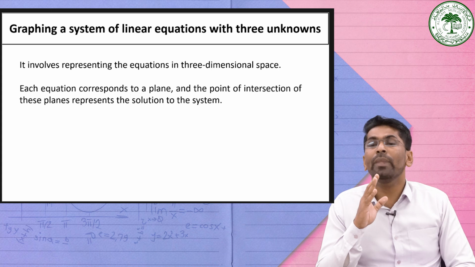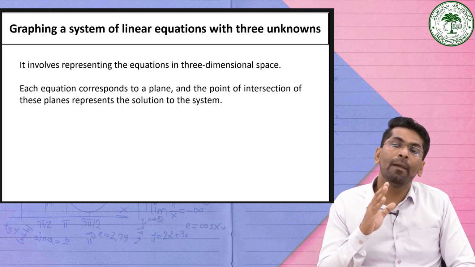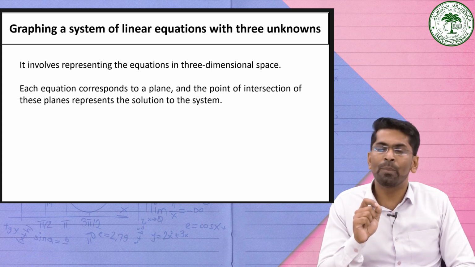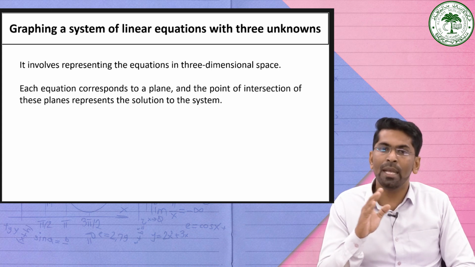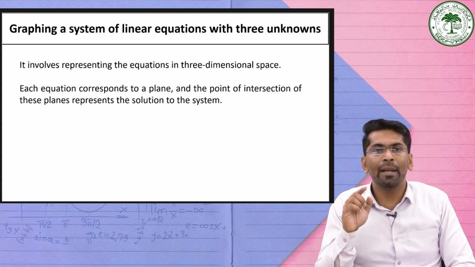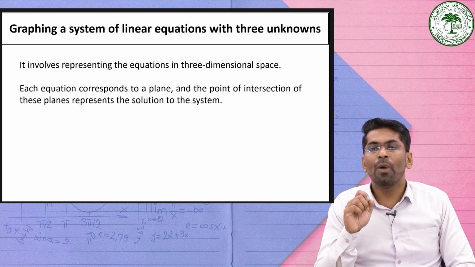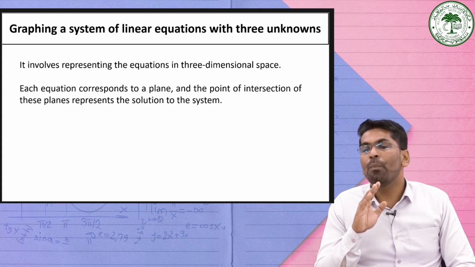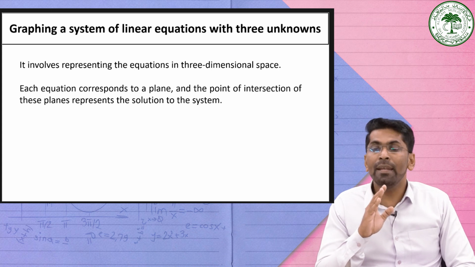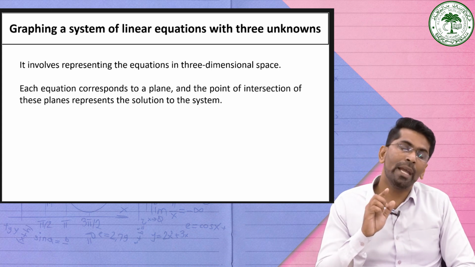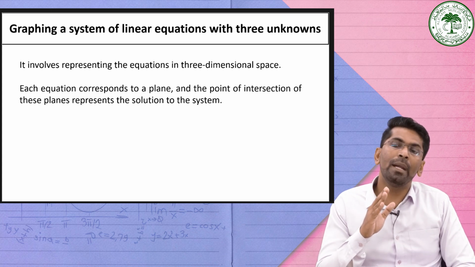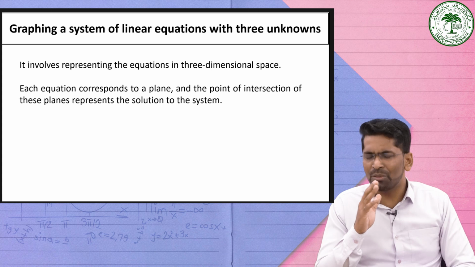See, the solution corresponds to the point where the equations on the graph intersect. Each equation represents a plane. So the intersection of these planes forms a line or point, depending upon the relationship between the equations. In three-dimensional space, a plane is uniquely defined by a particular point and a normal vector perpendicular to that plane.